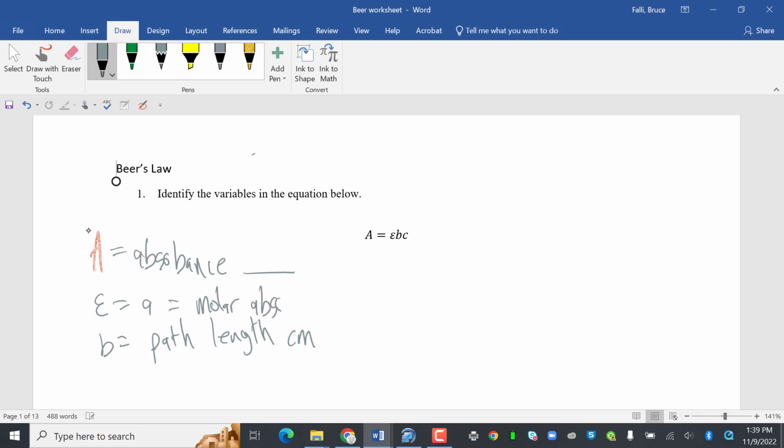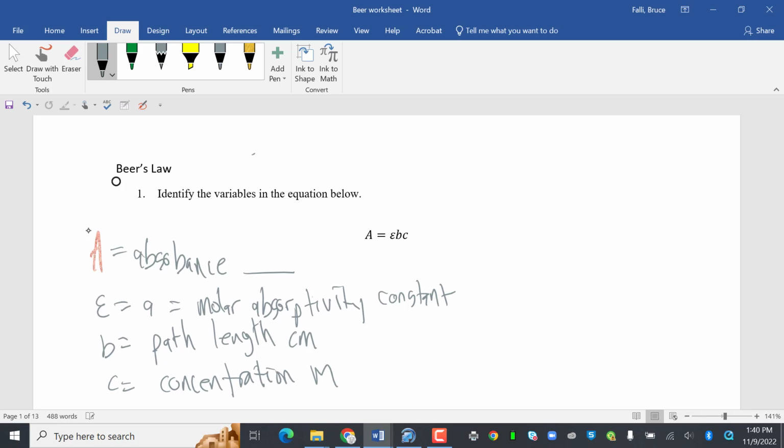Molar absorptivity constant. And then C is concentration, most frequently in molarity.